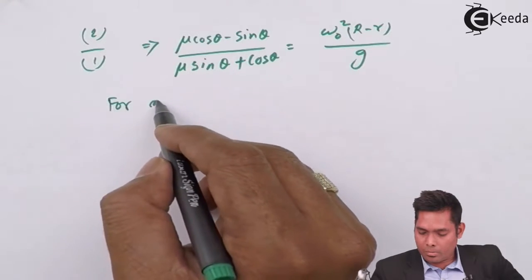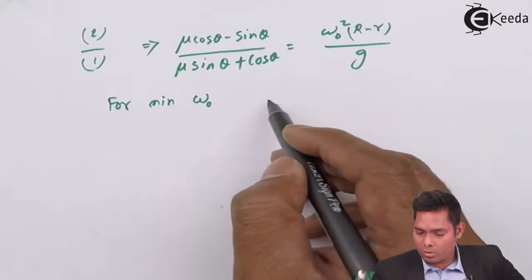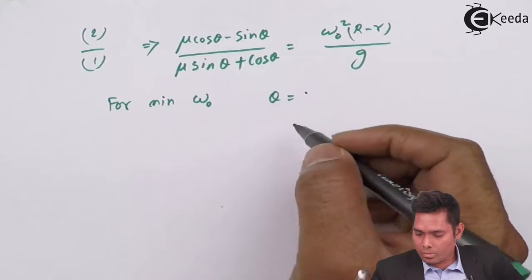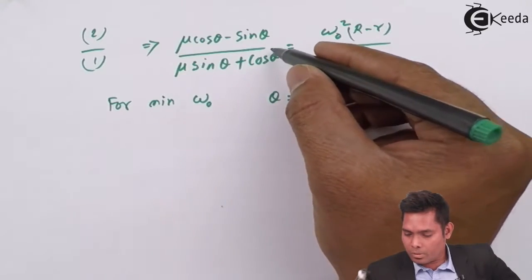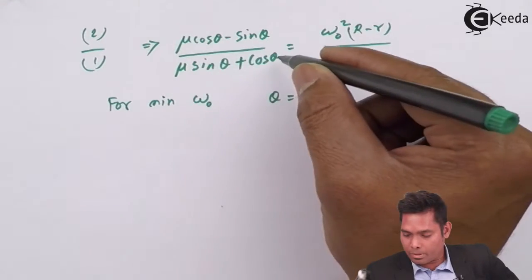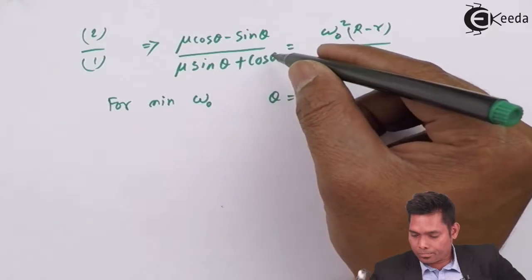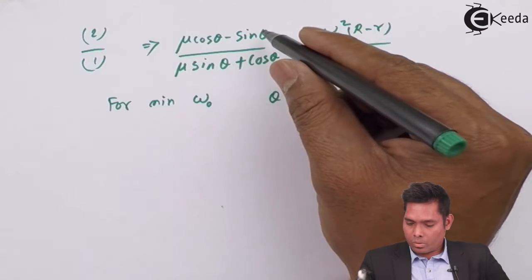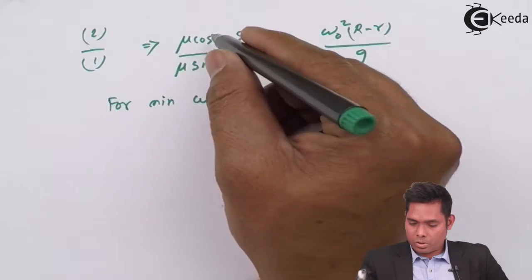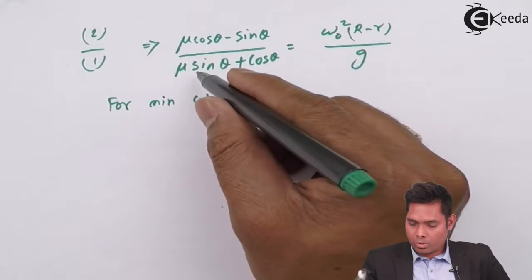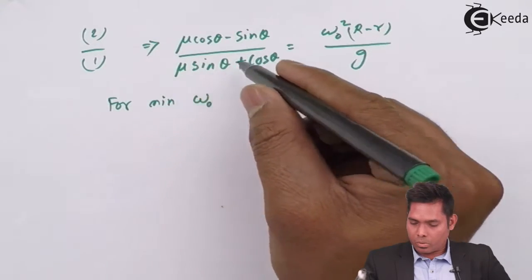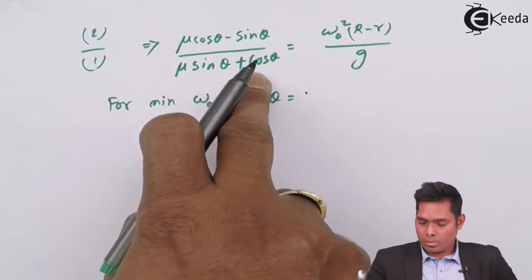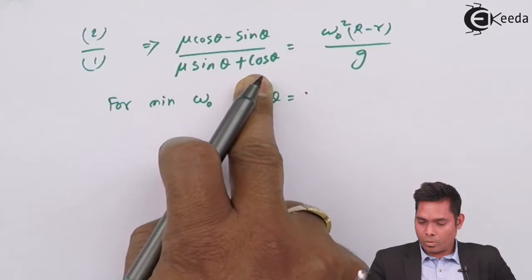So for minimum omega naught, theta should be maximum. That means this is 0, this is mu, this is 0, and this is 1 by mu.